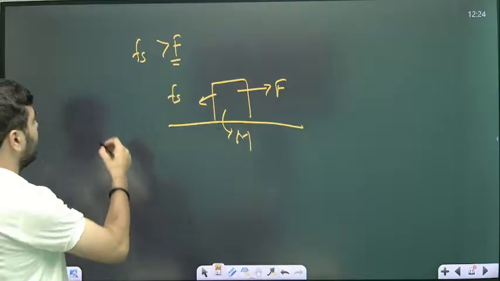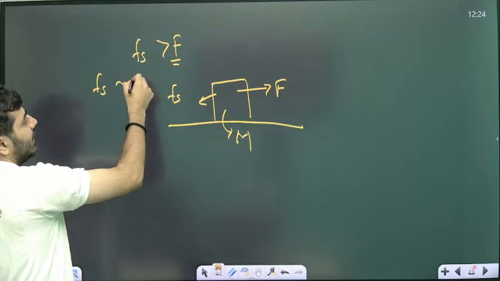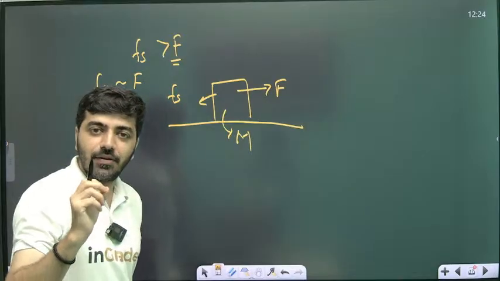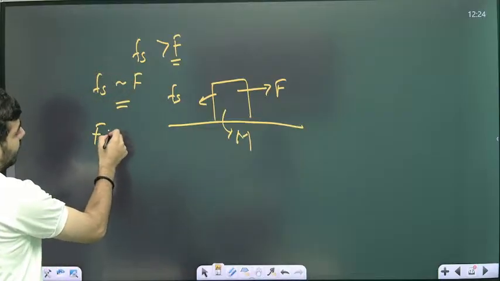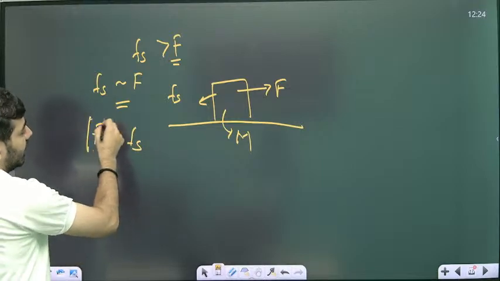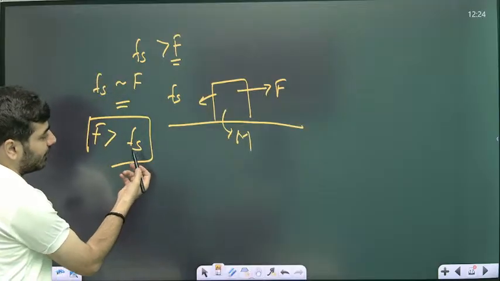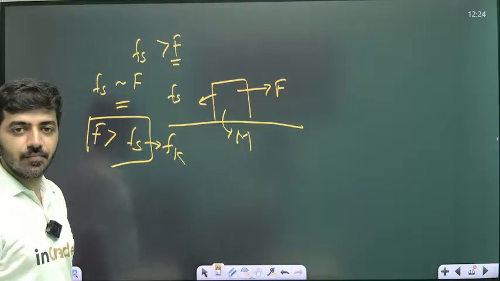Okay. If static friction is nearly equal to the external force, body still will not move. If we apply any external force greater than the static friction, then the body will start to move this time. Then static friction changes to the dynamic friction, that is the kinetic friction.